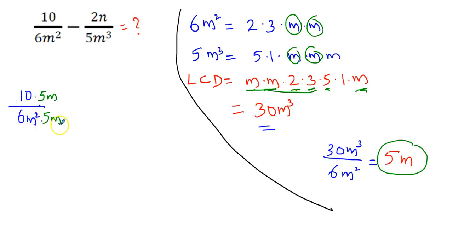Alright, so I think we fixed the denominator. It became 30m to the third power. Now there is a minus sign, so let me put a subtraction. In the second fraction, we have 5m cube in the denominator and the numerator is 2n only. Now, what do I have to multiply with 5m cube to get 30m cube? 5 needs to change to 30.